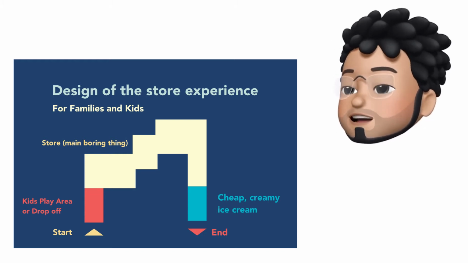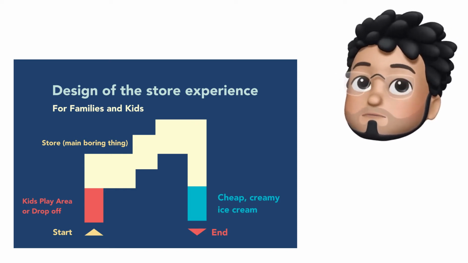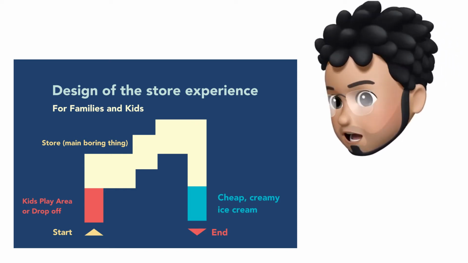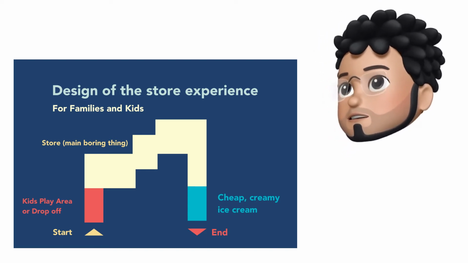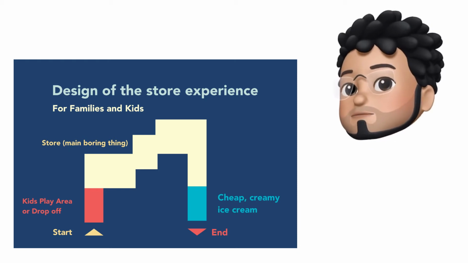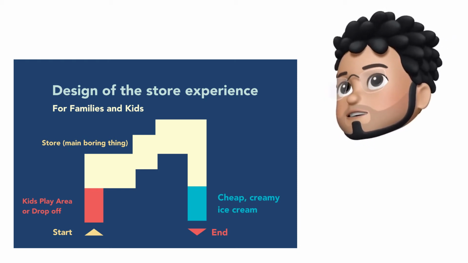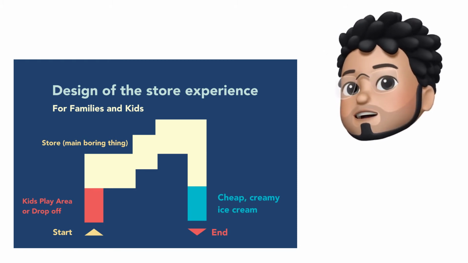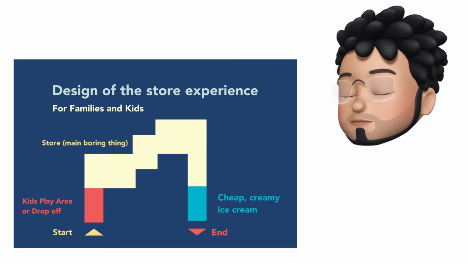Now it's not cheap in quality, just in price, and I would say it tastes pretty good. It costs about 5 Swedish kronor, which is approximately 50 cents in US dollars, if I'm correct. So it's a cheap ice cream, but it tastes really good.